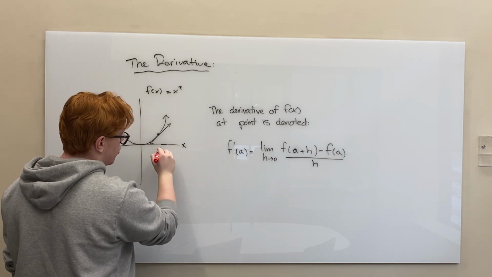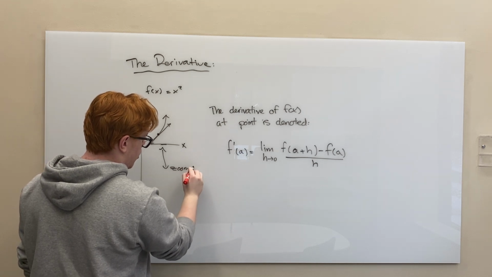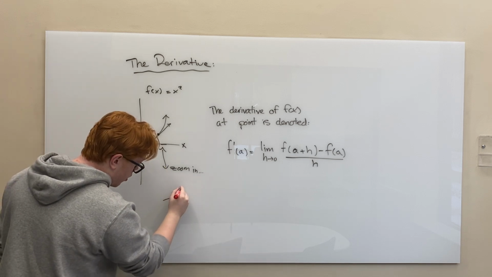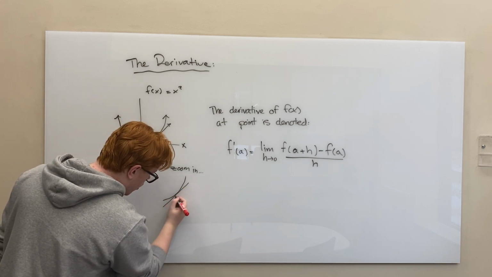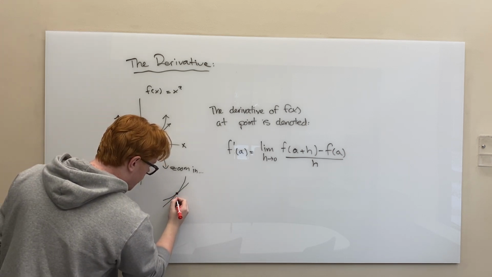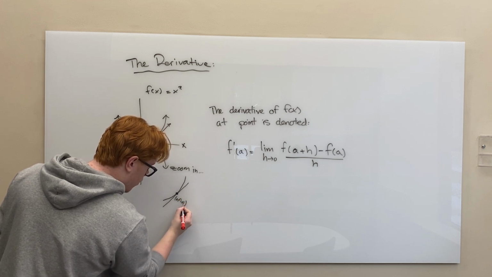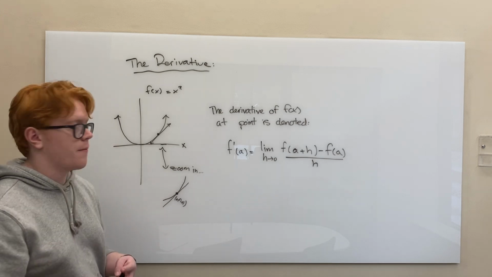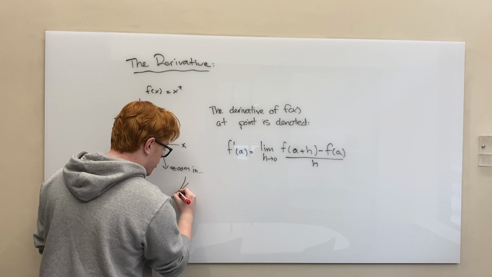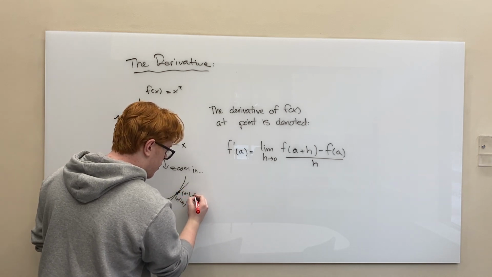If you zoom in here, we see this point, A, f of A. We're imagining there's another point super close, at a distance h, and that point is a plus h, f of a plus h.